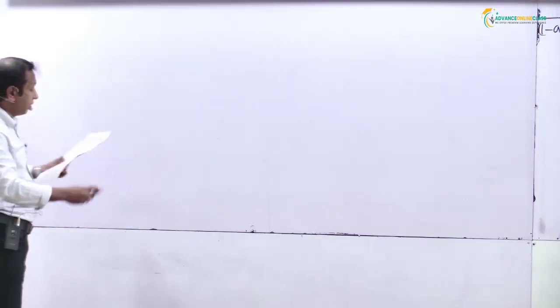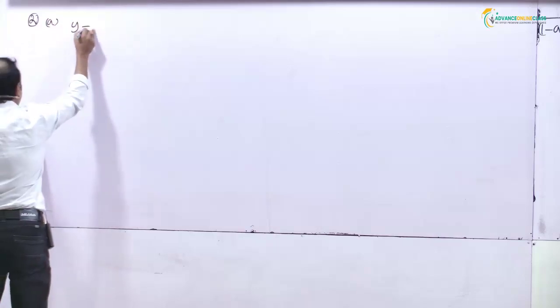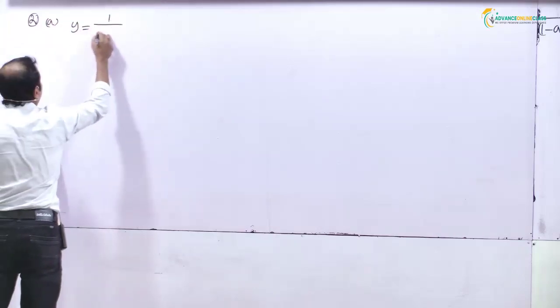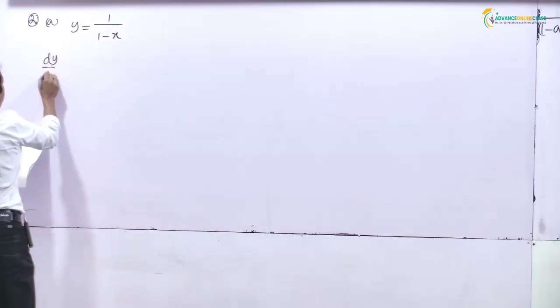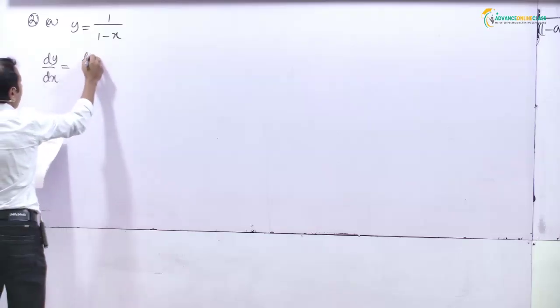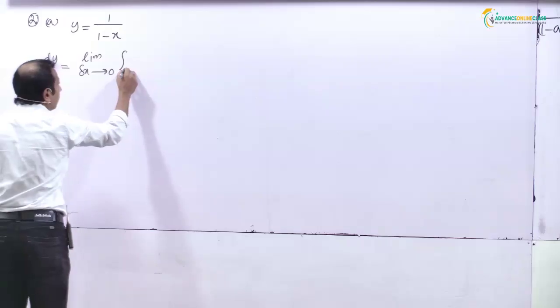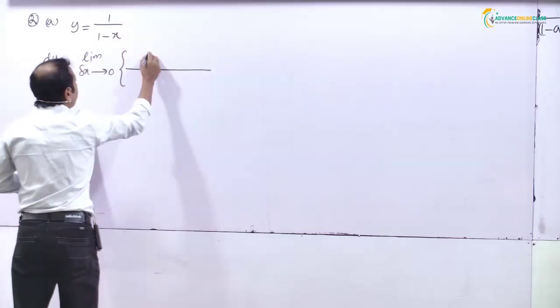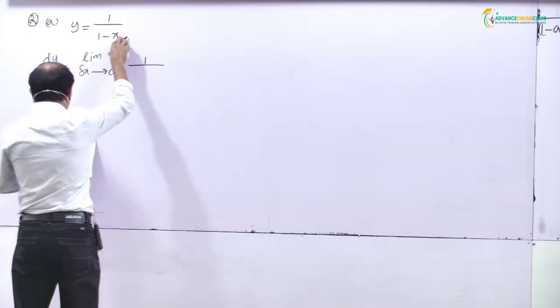Can you remember the definition? y equals 1 over 1 minus x. Then dy by dx we can write as the limit as delta x goes to 0. How to write this, people? First, this x should be replaced by what? X plus delta x, no?